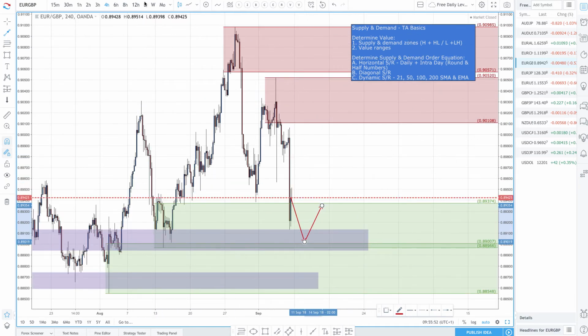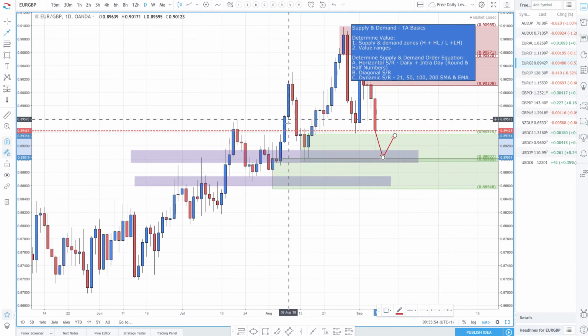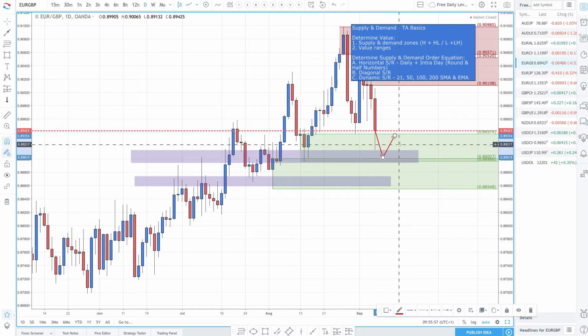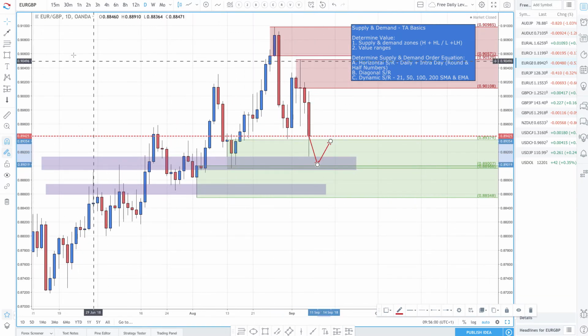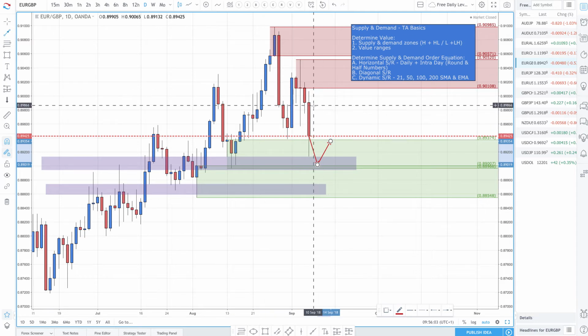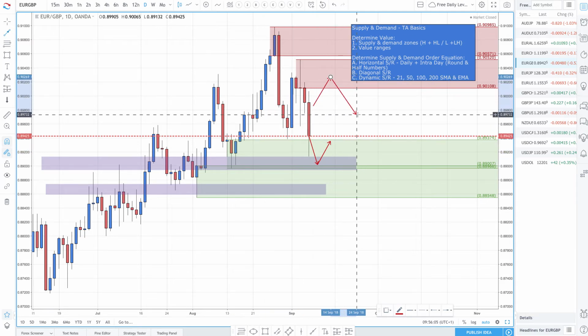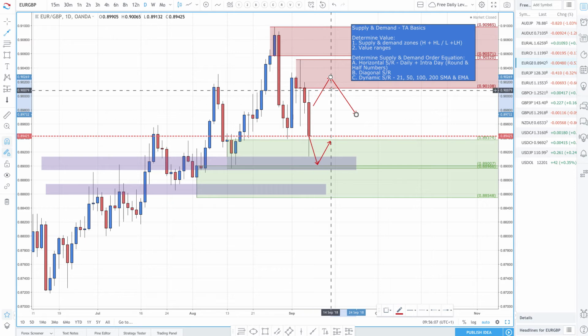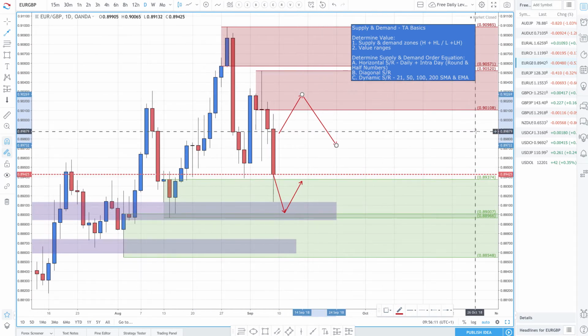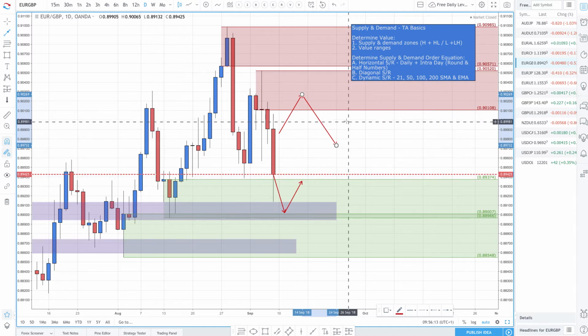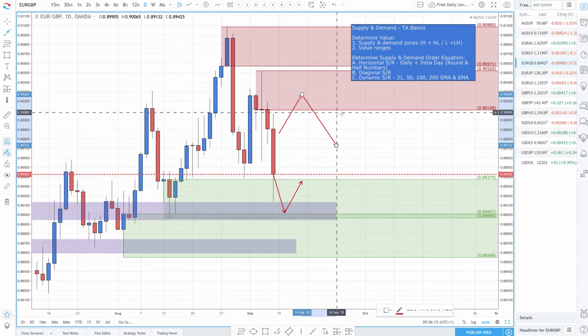Again, this is not financial advice or anything like that. But if you are looking to get long, these are the areas. If you're looking to get short, then you're looking at trying to get short around this area here. So you wait for prices to really come up and then look for any shorting opportunities just above this 0.9 level right here.